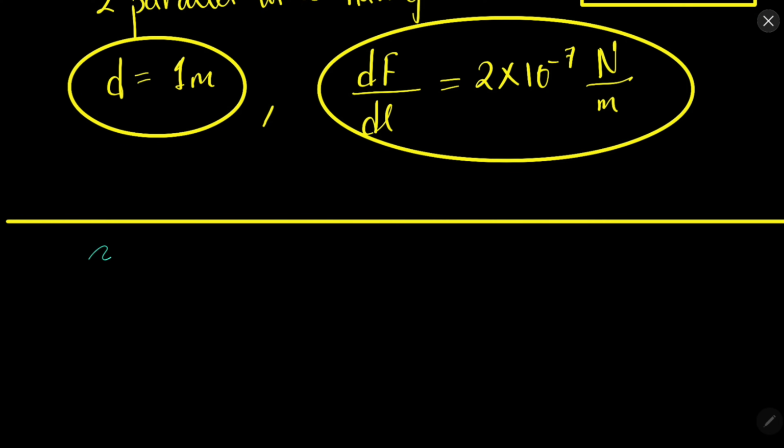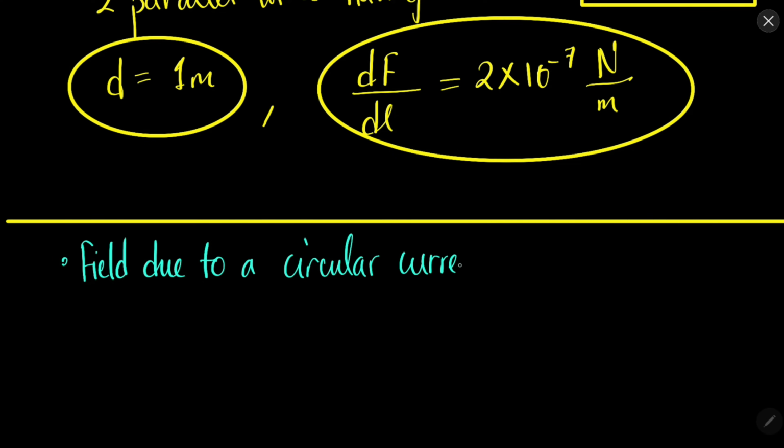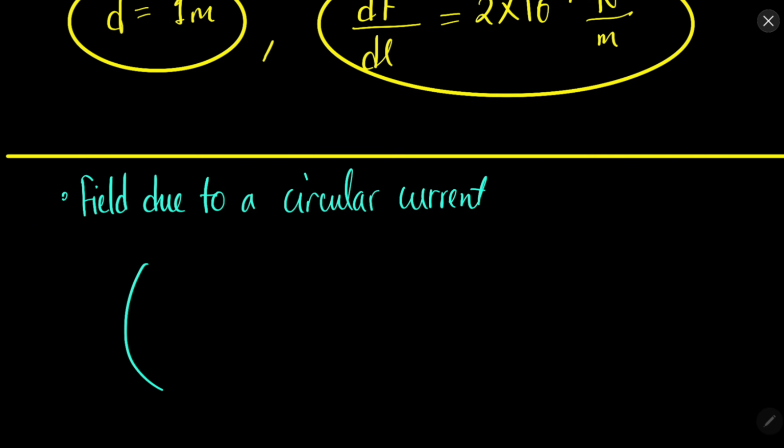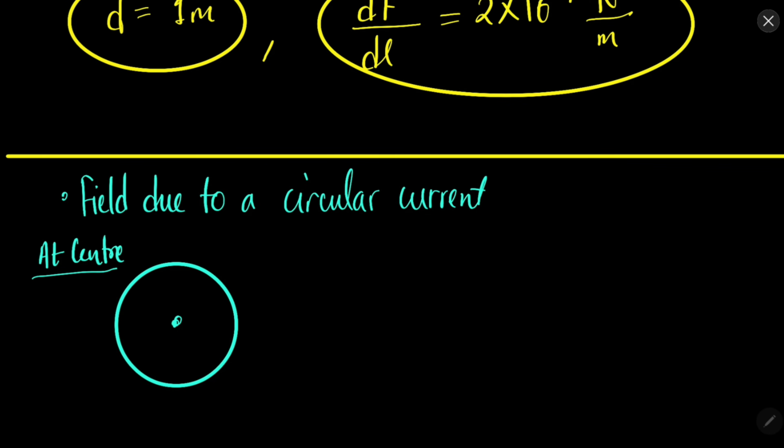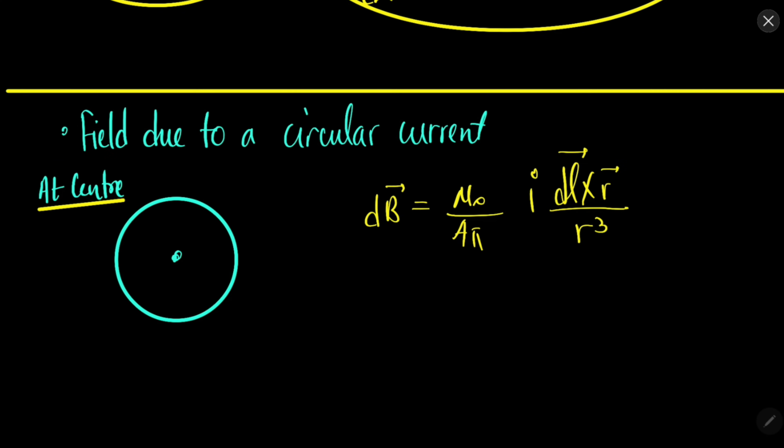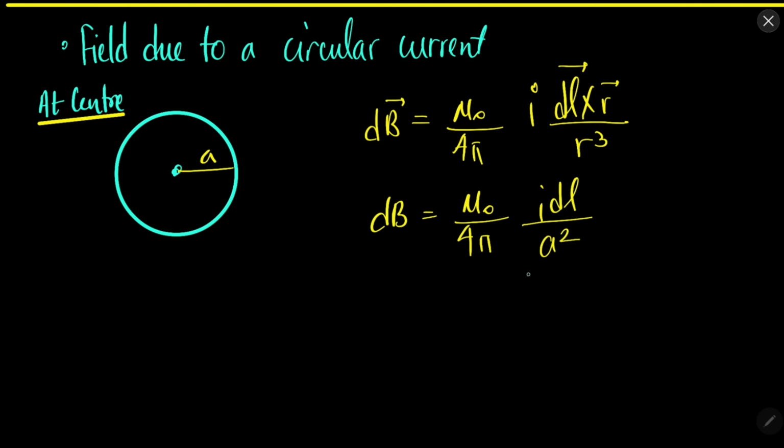Now similarly we can have the magnetic field due to a circular current. There can be various scenarios. First, at the center. If you want to find the magnetic field at the center of a circle, then the formula will come out by using the Biot-Savart law. Once you simplify this, let's say the radius is a.